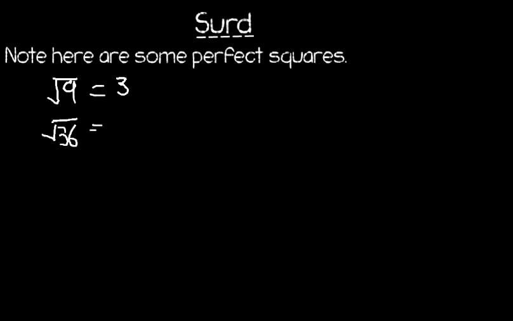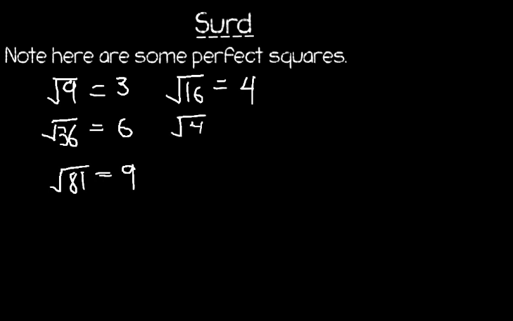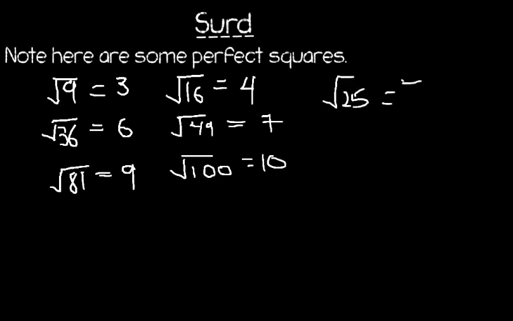Here are some perfect squares. Let's take root of 9, which you all know is 3. It's perfect because whenever you take the root of it, you are getting an exact number, not a decimal or a fraction. The root of 9 is 3, the root of 36 is 6, the root of 81 is 9, the root of 16 is 4, and the root of 49, you can mention what have you.